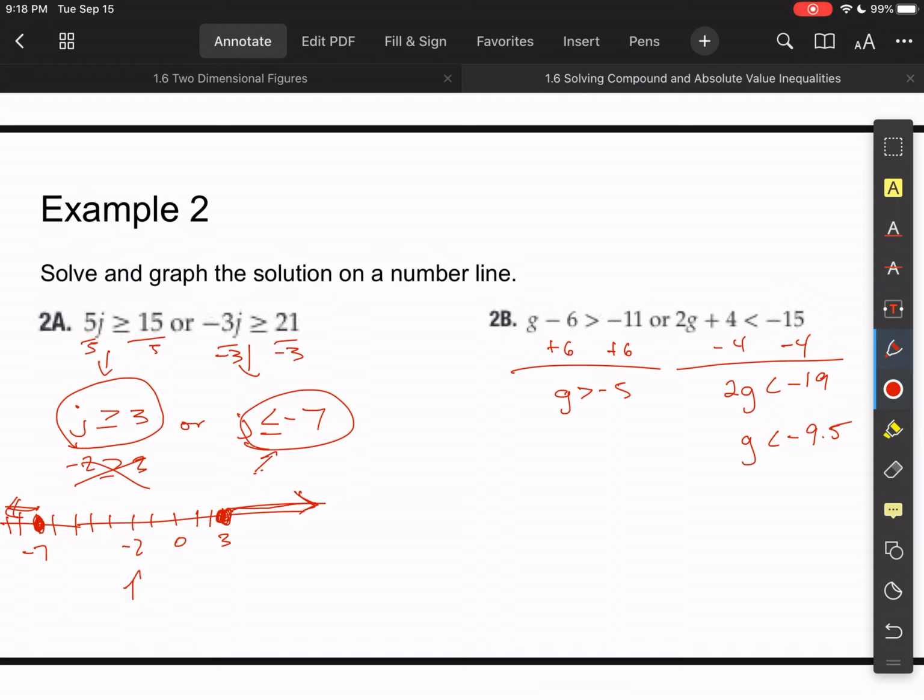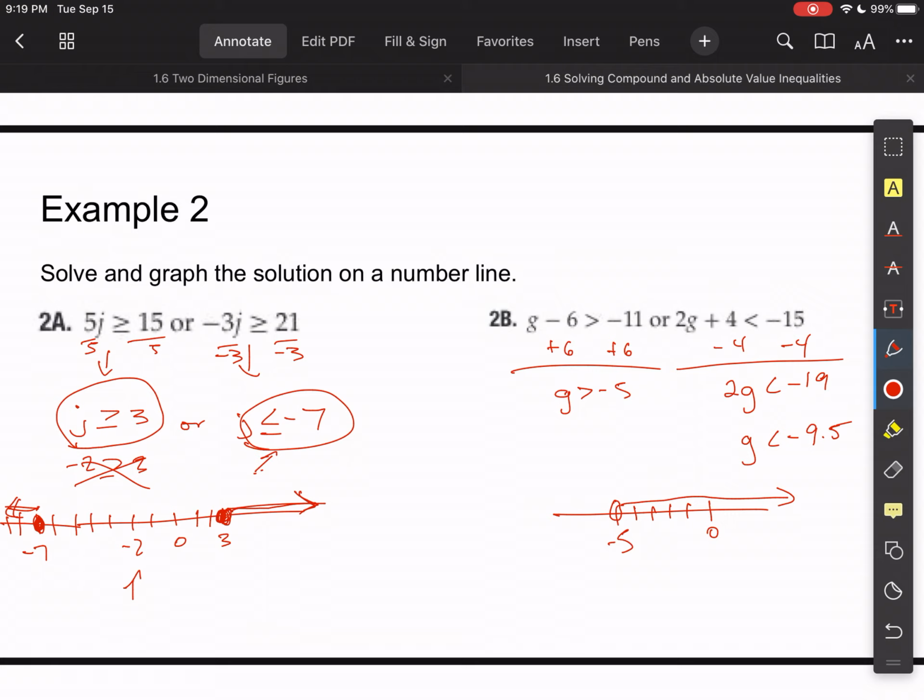And then when I go to graph this, notice this is saying g values are greater than -5. Okay, so if we go to, let's put 0 here, -1, -2, -3, -4, -5. -5 is here. Okay, g values are greater than -5, so that's everything greater than -5. That's to the right.